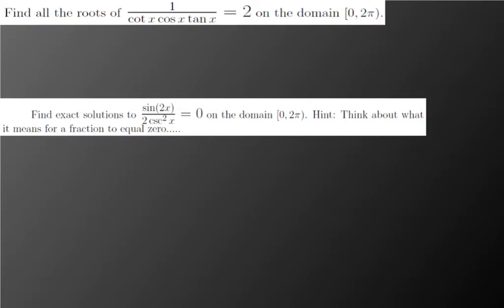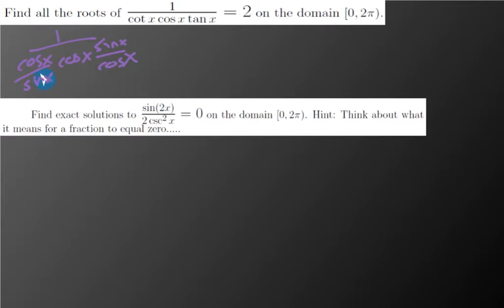So, this one, I might actually erase some of this here in a second. You got a cotangent on the bottom, so that's like, instead of sine over cosine, which is tangent, it's cosine over sine. And then we've got a cosine. And then we've got a sine over cosine, right? Because that's what tangent is.